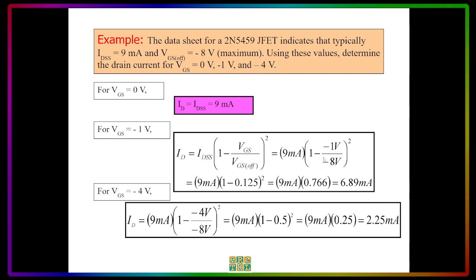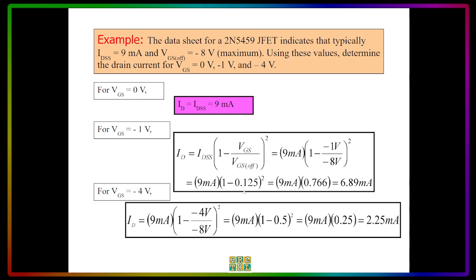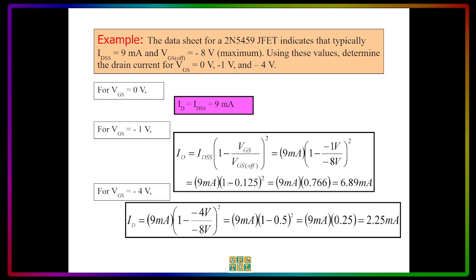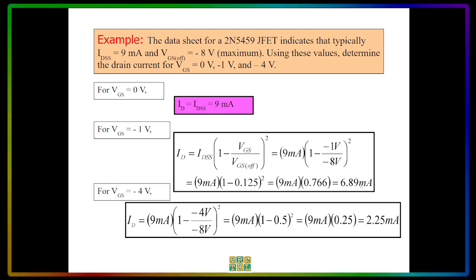Negative 1 over negative 8 is 0.125. So 1 minus 0.125 to the second power will be equal to 0.766. And then when multiplied with 9 milliamperes, we will get 6.89 milliamperes. So this is the ID using the same formula that I have given before.